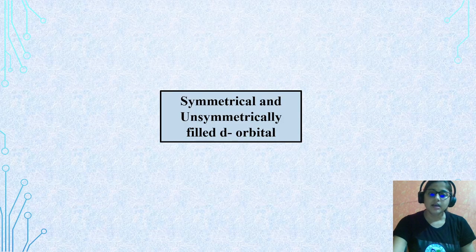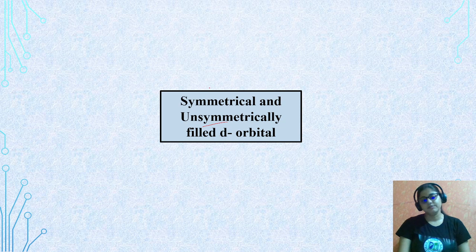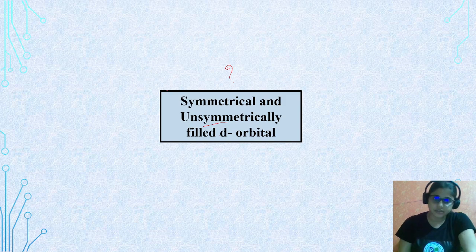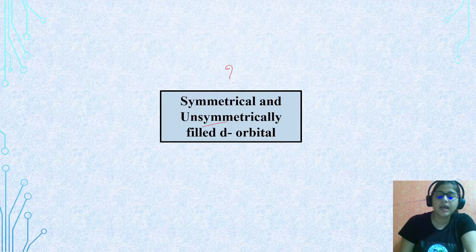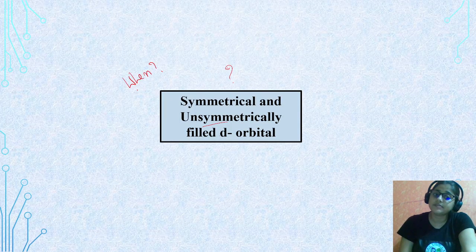Now, the symmetrically and unsymmetrically filled d orbitals. Why did I take this topic? Because the JT distortion, the question is why is this happening? Because of the stability. Now, when will it happen?